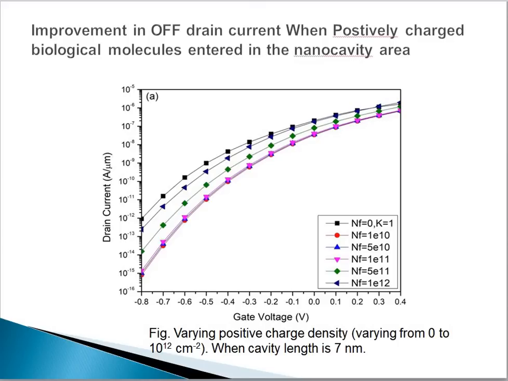By changing the value of surface charge density, we assume that the charged biomolecule is present in the nanocavity region. As we introduce the positively charged biomolecule in the cavity, it decreases the barrier width across the source channel interface, which results in a fall of the off-state current of the junction-less TFET biosensor. When the surface charge density at the SiO2 interface increases, the off current starts reducing.